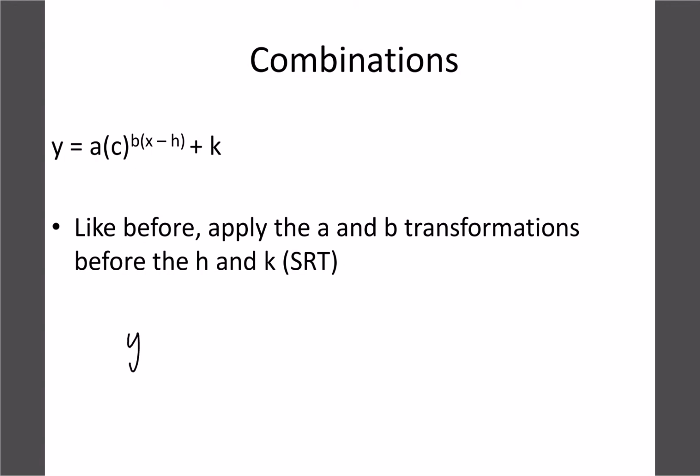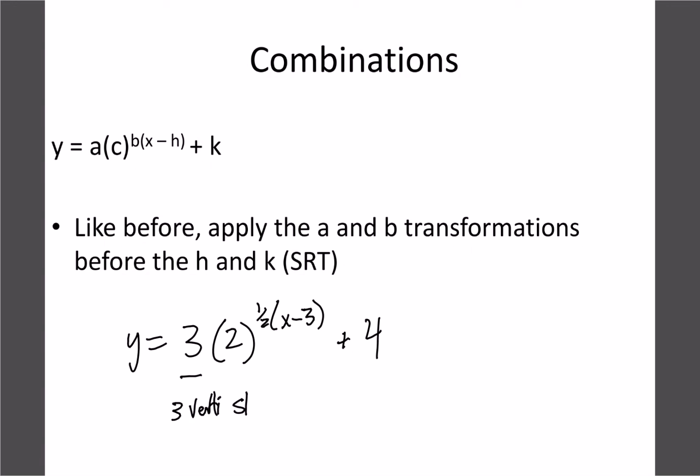Let's just look at an example. If I gave you 3 times 2 to the 1/2 x -3 plus 4, let's figure out what this is. The 3 means 3 times vertical stretch. The 2 is our base exponent, so that's our c value. That doesn't have anything to do with the transformation. That's just saying our standard equation would have been y equals 2 to the x.